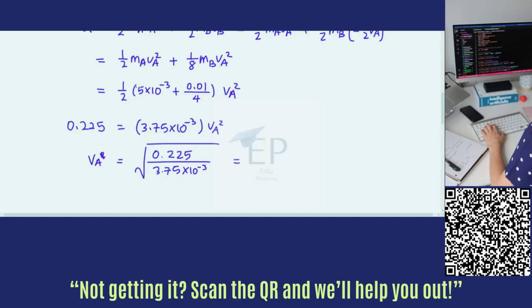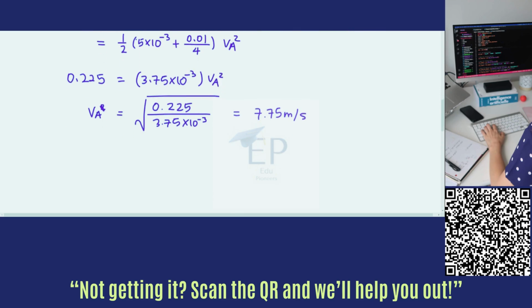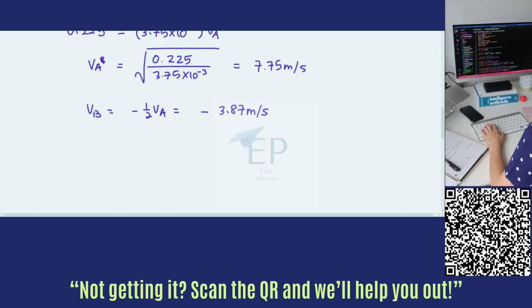And you get 7.75 meters per second. That's for vA. Then for vB, vB is negative half vA, so you get negative 3.87 meters per second. So here are the velocities.